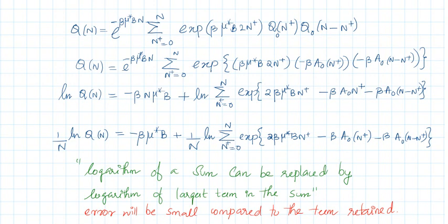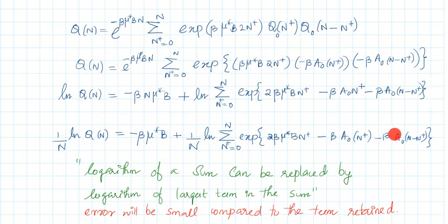If you take the logarithm, log q is equal to minus beta n mu star b plus the logarithm of a sum. The logarithm of the sum of exponentials of this quantity, divided by n: 1 by n log q is equal to this quantity.